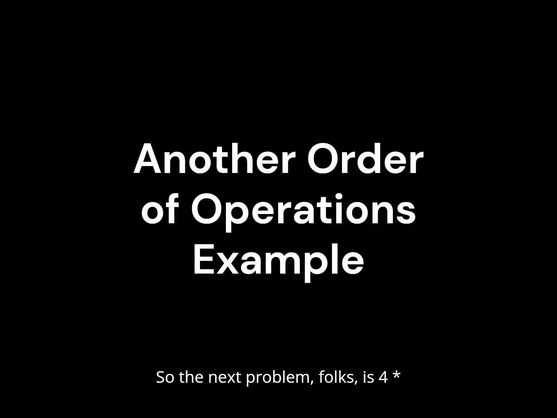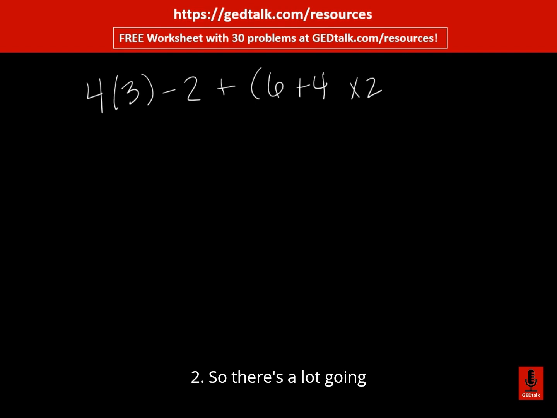So the next problem, folks, is 4 times 3 minus 2 plus, open parentheses, 6 plus 4 times 2. So there's a lot going on, like the last problem we looked at. And obviously we know we're following the order of operations. Please excuse my dear Aunt Sally.